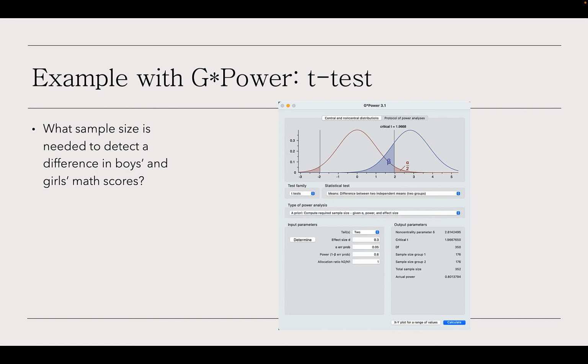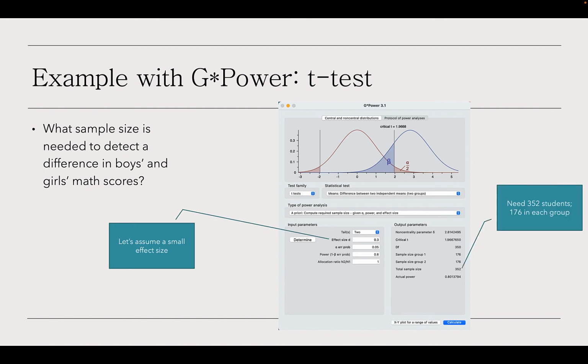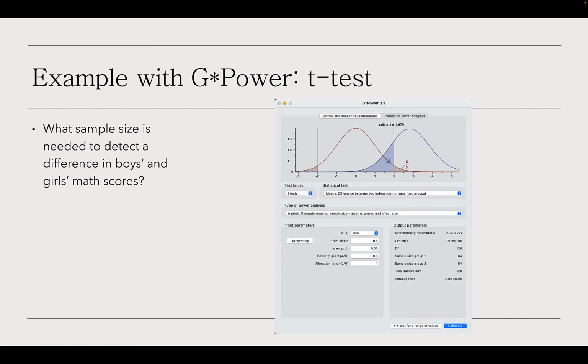All right, and here we're assuming a relatively small effect size, and what we see is that if we wanted to conduct this study, we would need 352 students. We would need to sample 176 boys and 176 girls to achieve 80% power.